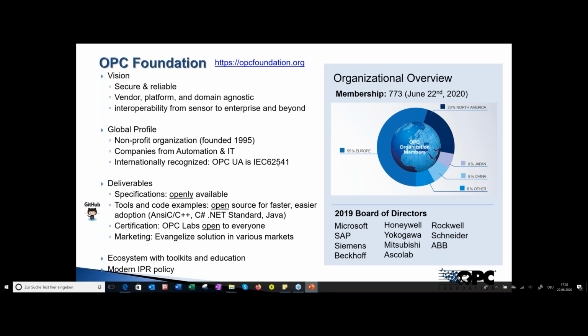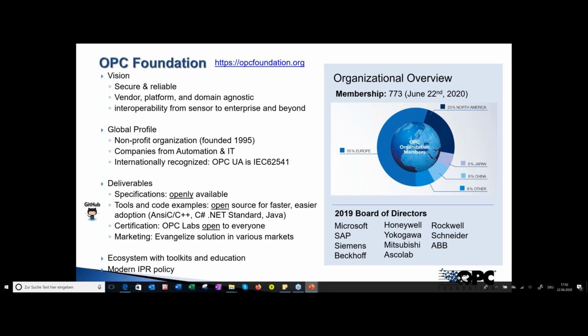The vision is that we are providing a secure, reliable interoperability standard, which allows to move any kind of data and information from sensor to enterprise and beyond. And this in a completely independent way, independent from any vendor, from any platform, operating system or language, from any market.